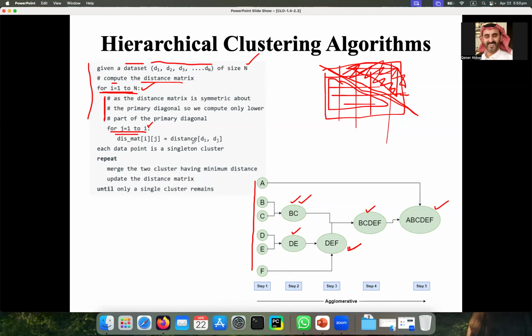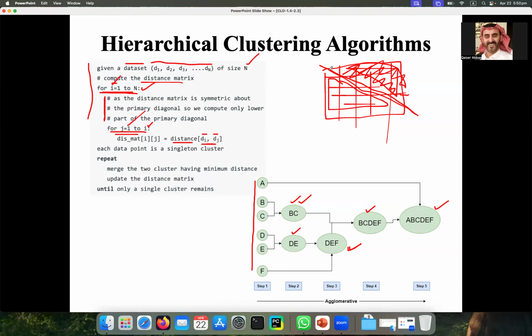And then here you are calculating the distance. There is no formula mentioned here because we are not going into detail of that. We only want to know the formula would be the same. For example, in previous clustering algorithms, you calculated the distances from the centroid to the other data points. So here it is the distance between di and dj. So i is this one, j is this one.